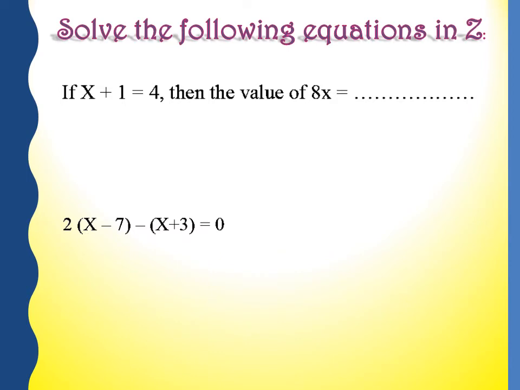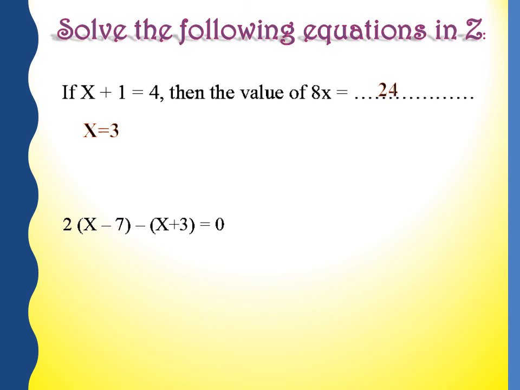Solve the following equations in the set of integers Z. Here x plus 1 equals 4, then x equals 3, and I need to find the value of 8x, means 8 times 3 equals 24. What about this type of equations?